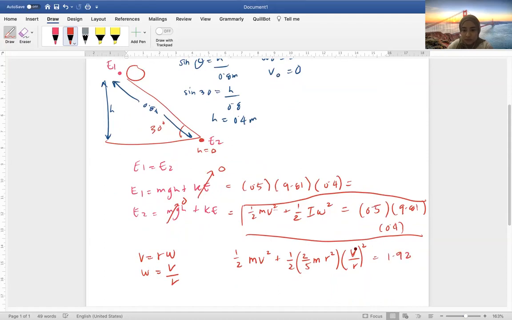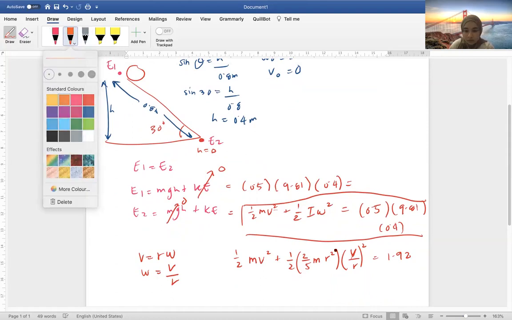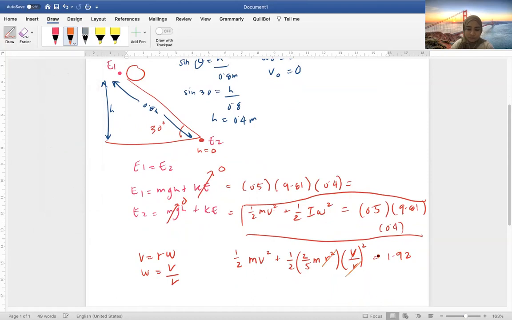Okay, so I have two r squared here. I have r squared in the I, and I also have r squared here, which leaves me with 1/2 m v squared plus 1/2 times 2/5 times mass times v squared equals 1.92.